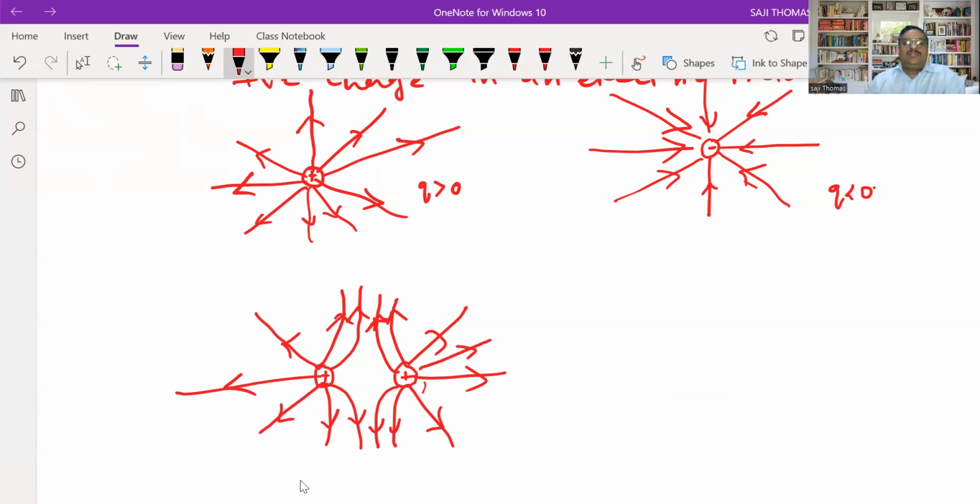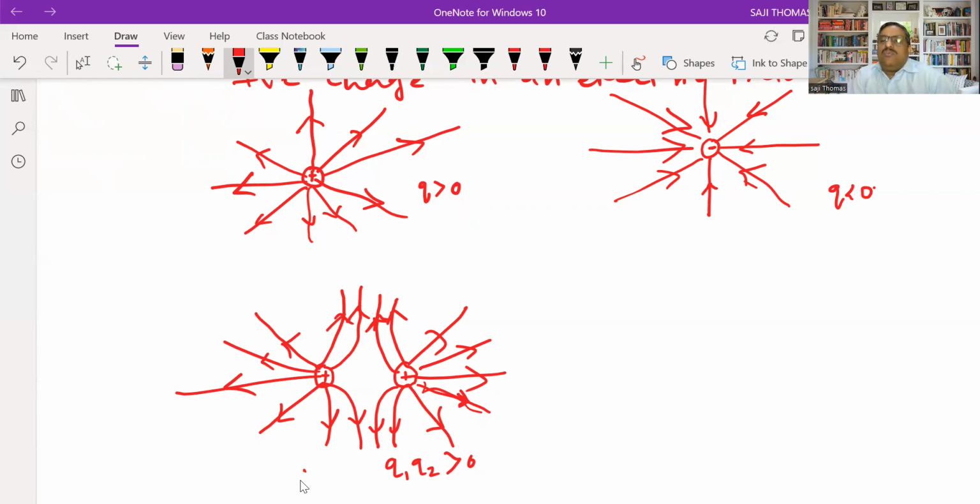A system of positive, not isolated, charges: a system of two positive charges. We can write here Q1, Q2 greater than 0.